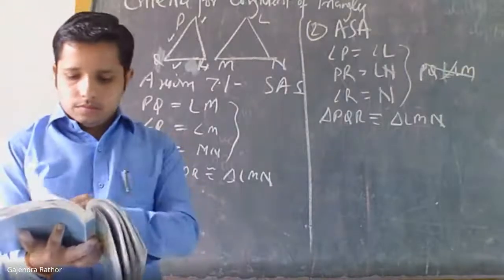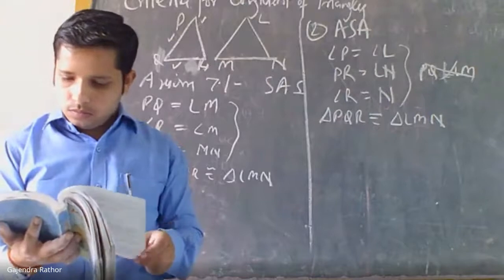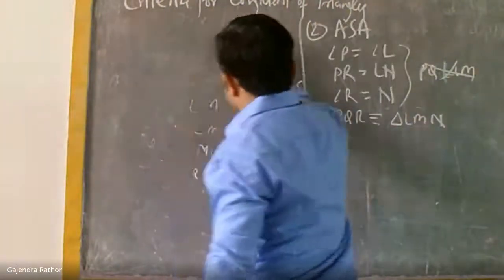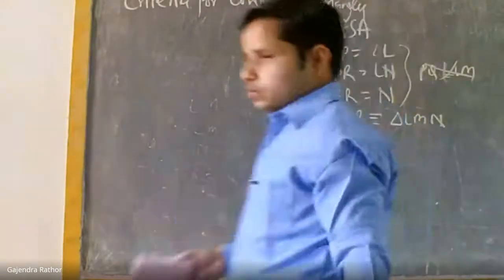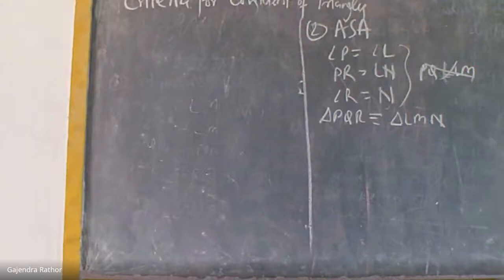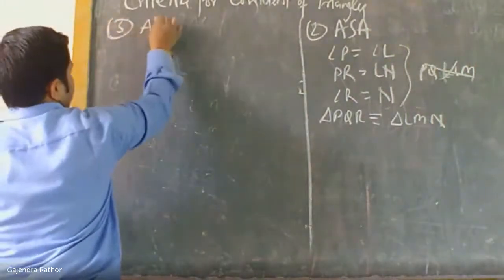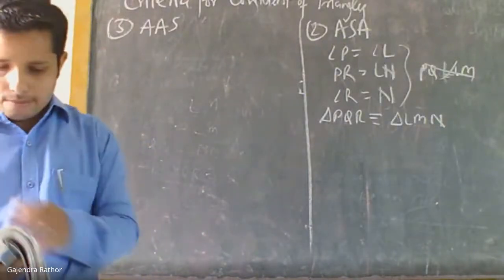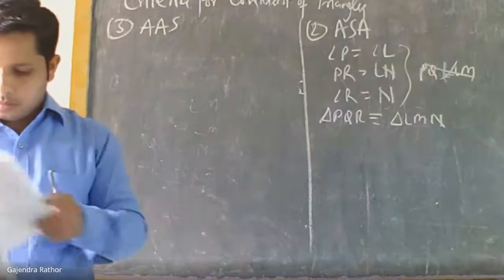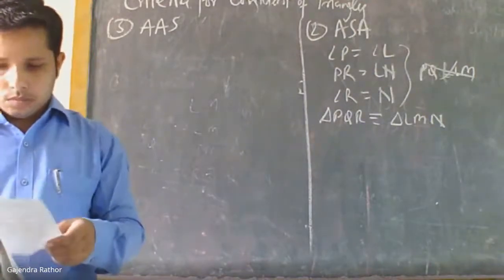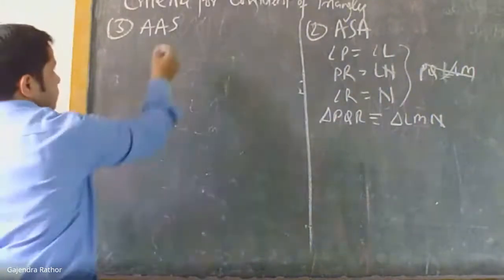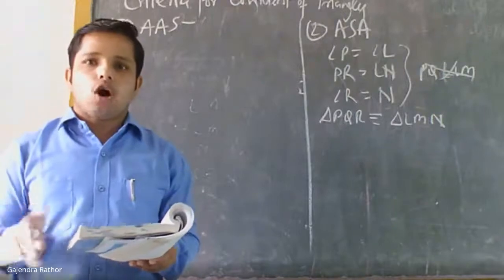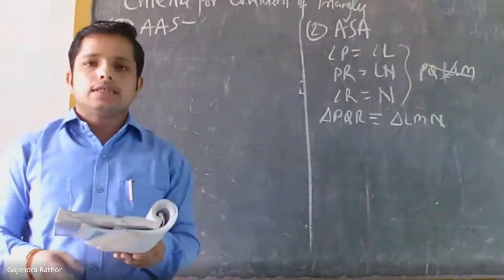The next is AAS, the third criterion. In this criterion, two triangles are congruent if any two pairs of angles and one pair of corresponding sides are equal.